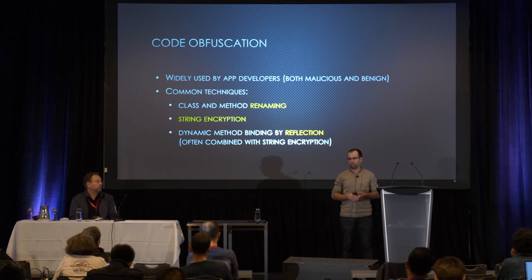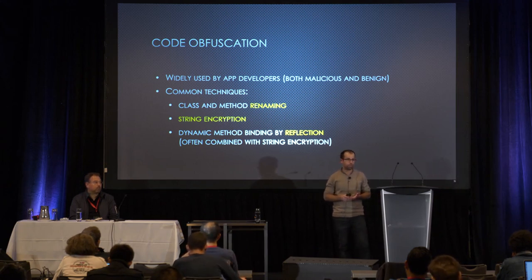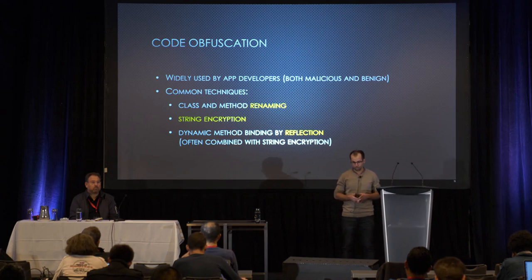And that's why many developers choose to use obfuscation. It can be a benign developer that just wants to protect their intellectual property from reverse engineering. And maybe it's a malicious author that wants to avoid detection. So obfuscation is an issue for us.